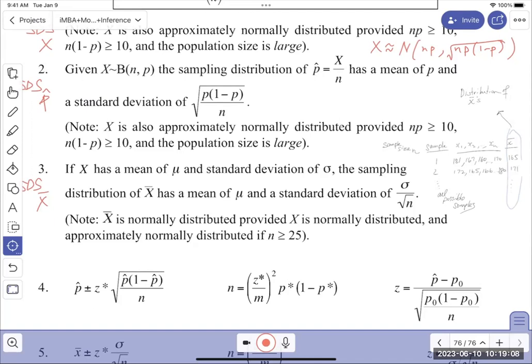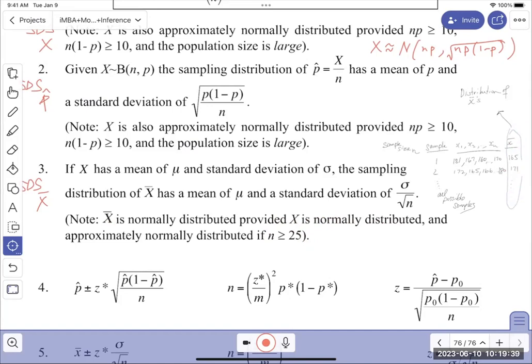So it's not just about symmetry, it's about normal. If X is normal, X bar is normal. So this will have a normal distribution. But if X is not normal, as long as the sample size you take is more than 25, we can comfortably assume that this shape is approximately normal.